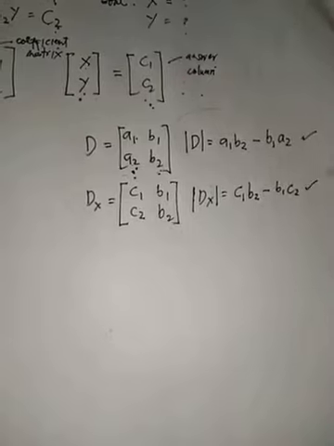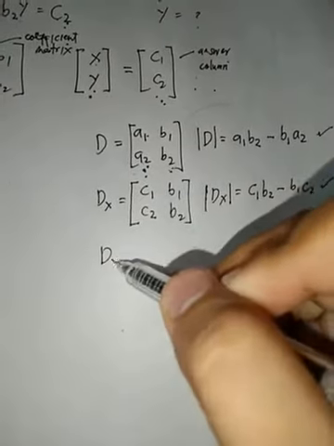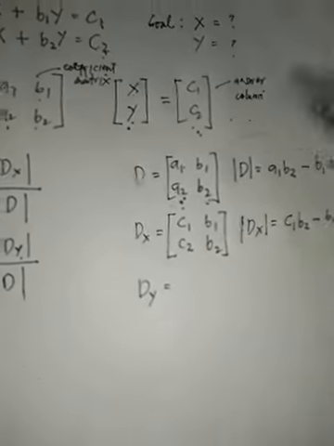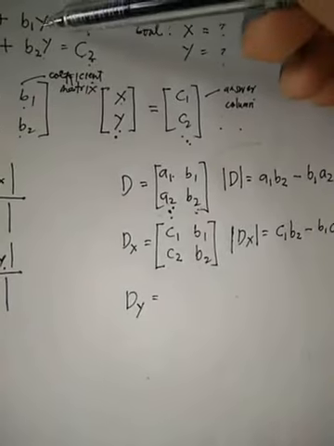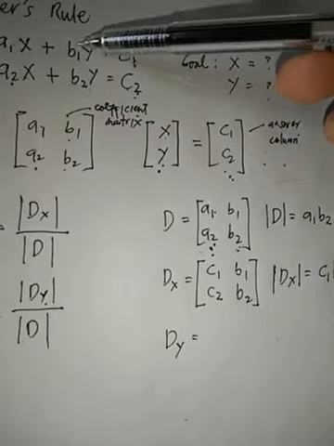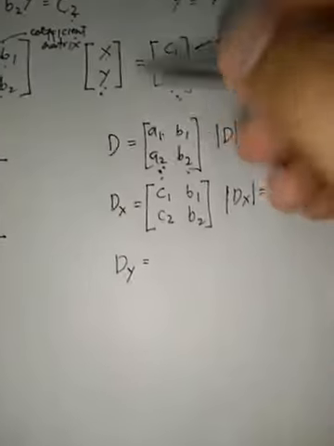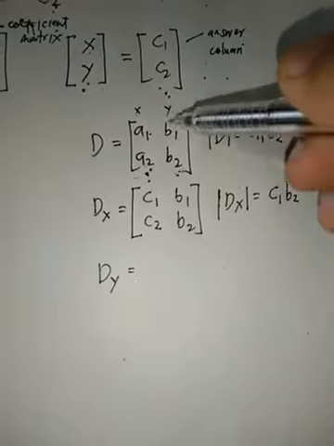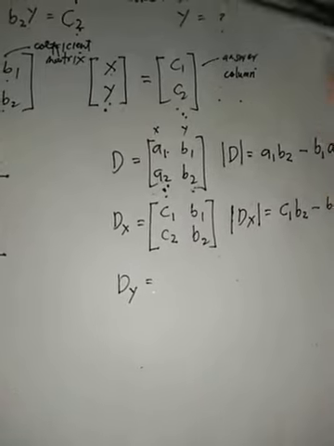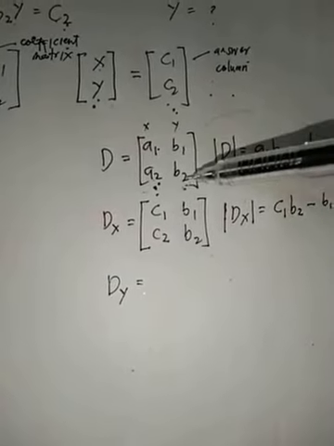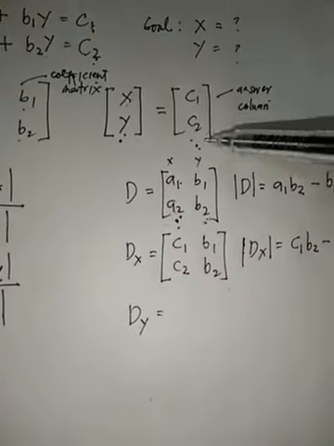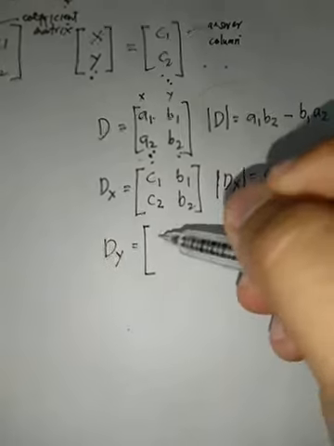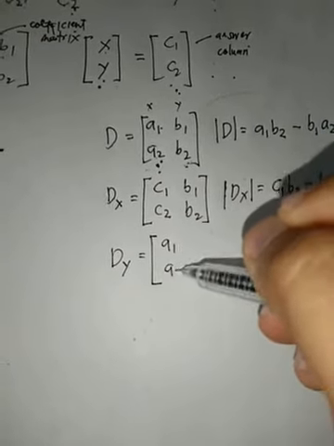Okay? How about dy? Same pa rin sa dx. Ang y kasi natin, ang kanyang coefficients are B1 at saka B2. Para hindi tayo ma-confuse, ito yung x, ito yung y na coefficients. So, itong B1 at saka B2, palitan lang natin ng C1 at saka C2. Remains the same ang A1 at saka A2 natin.